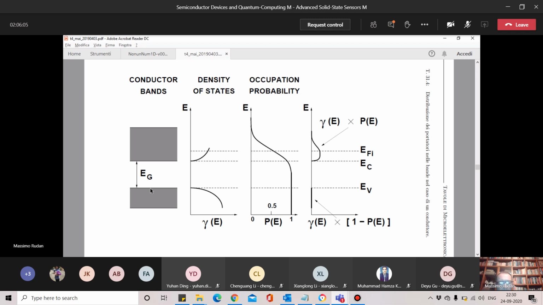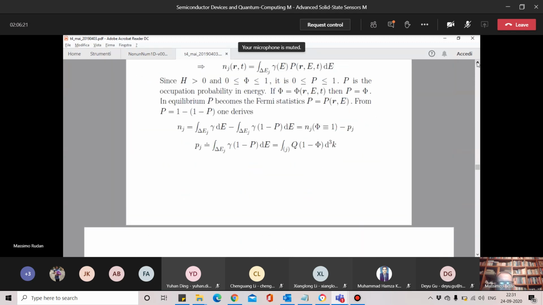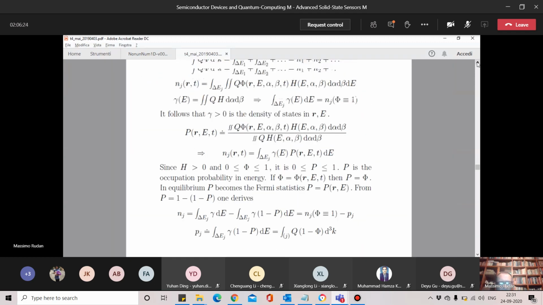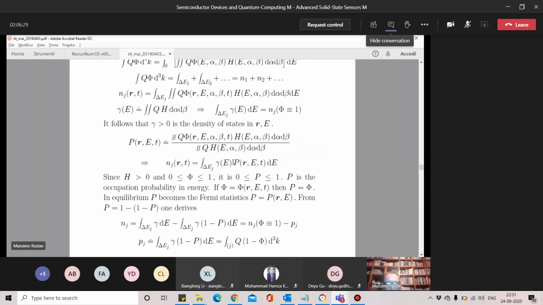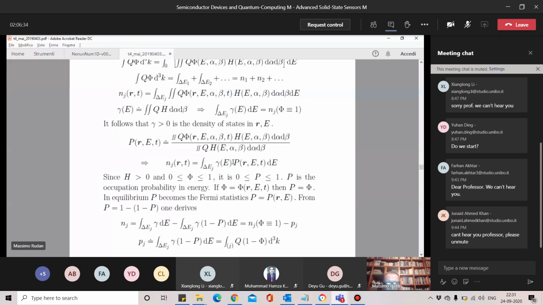At this point, we may calculate the concentration of the particles in the two bands. It will take 2 minutes. We simply apply, for the conduction band, this integral. We take the density of states gamma multiplied by P. In this case, P is the Fermi statistics because we are in the equilibrium condition.